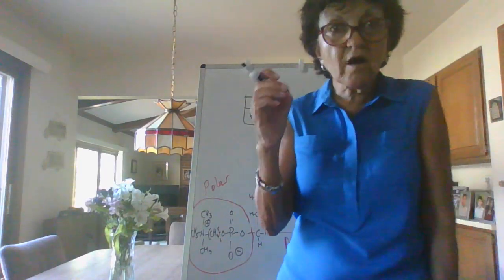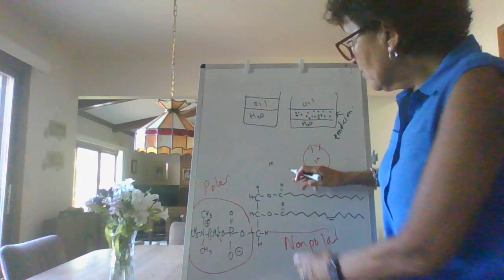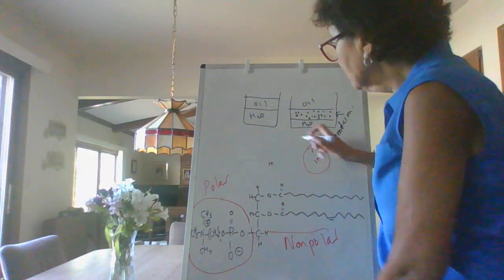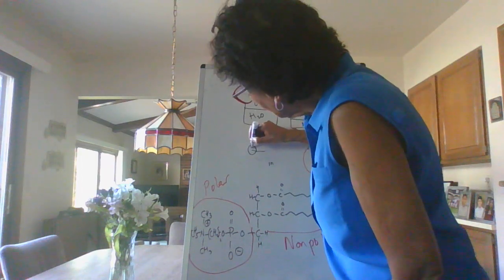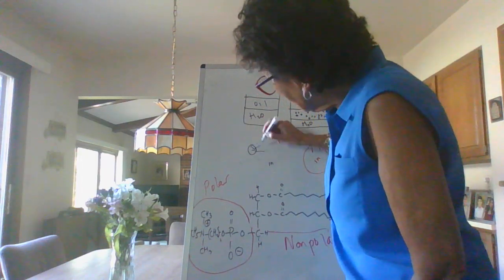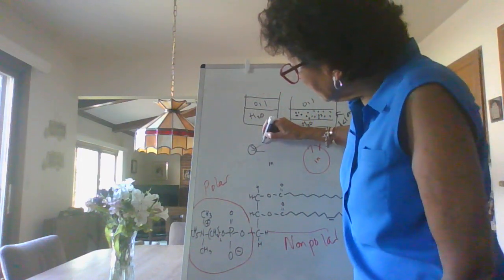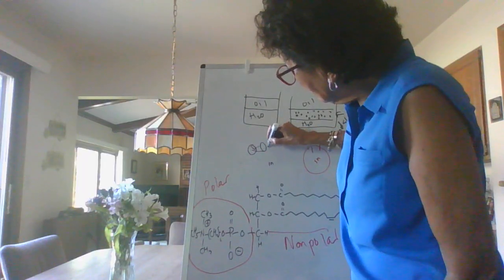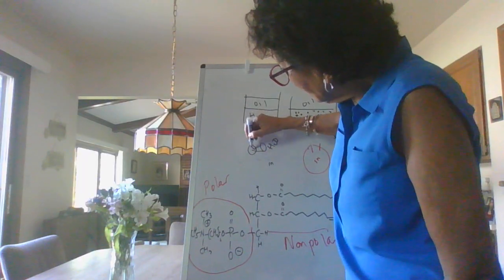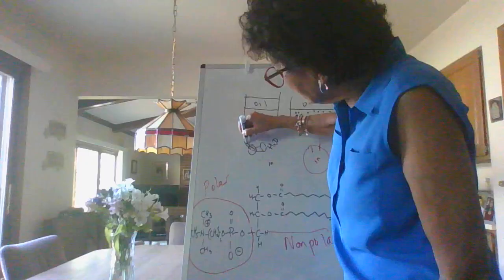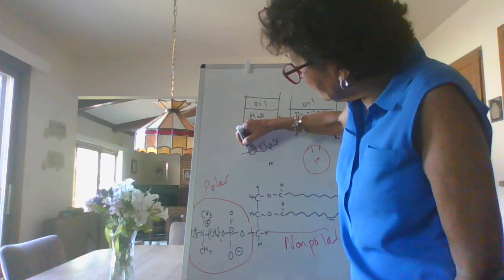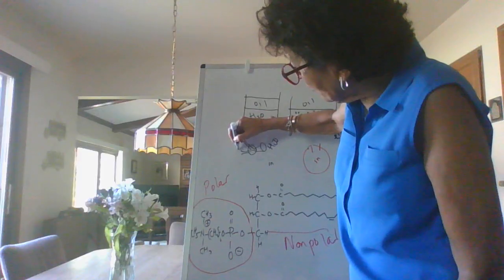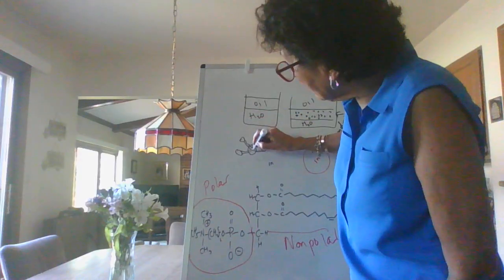So what is going on at the molecular level? These 2 tails, so think of this as the oil droplet. The 2 tails are going to be stuck into the oil droplet, and the head is in the water.